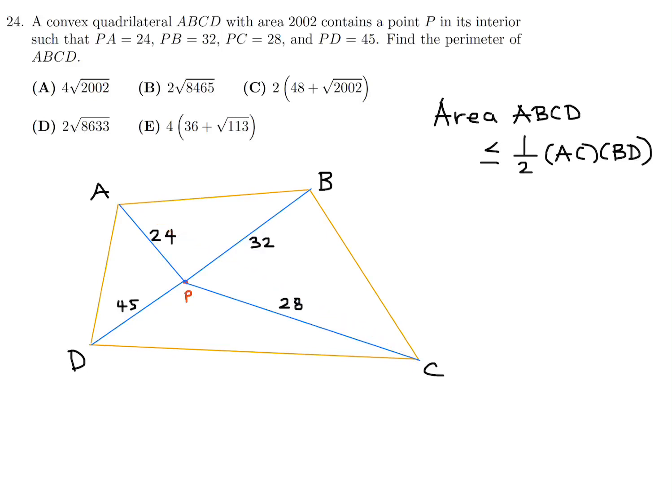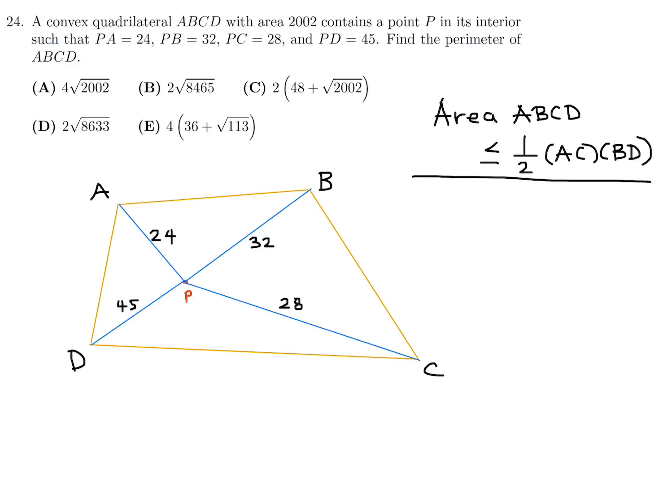That's AC. And BD is the diagonal, like that. Okay? So if you were to take those diagonals, the numerical value, and multiply them and multiply it by half, they would be either equal to or greater than the area. Okay? That is a condition of such a quadrilateral, convex quadrilateral.